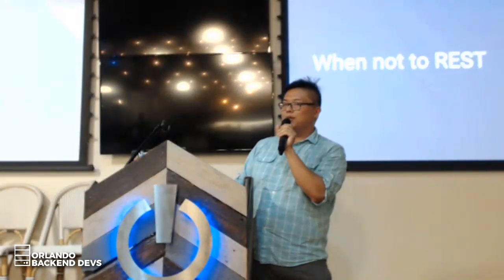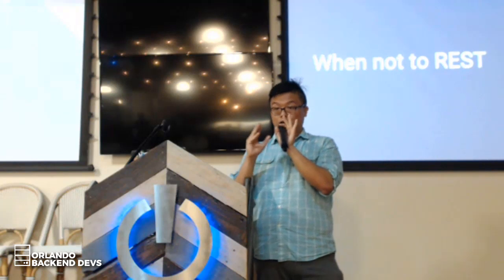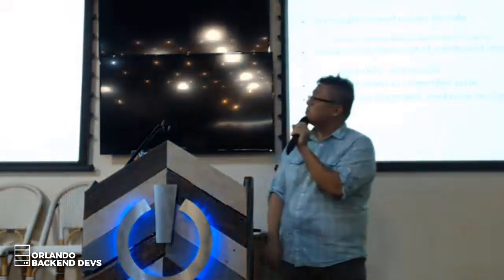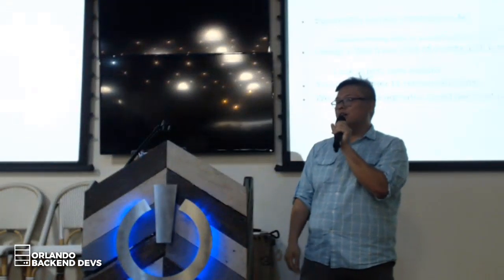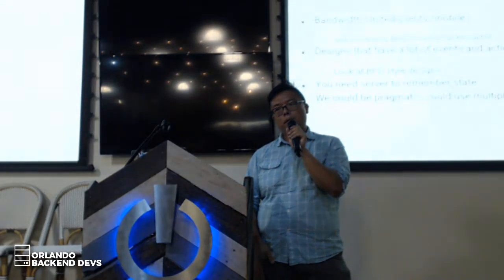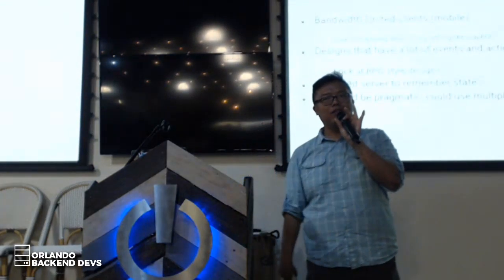And then there are cases where you probably should not use REST. It's really good for what it is, but there are some cases where you have issues. One is bandwidth-limited customers, like mobile apps. REST is really maximal, so we try to send all the information out at once every single time.